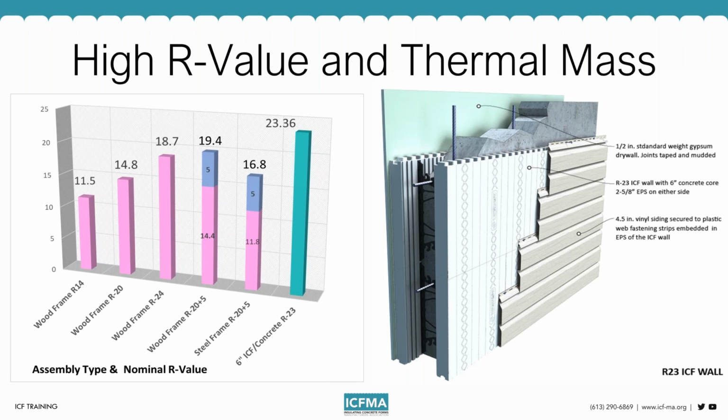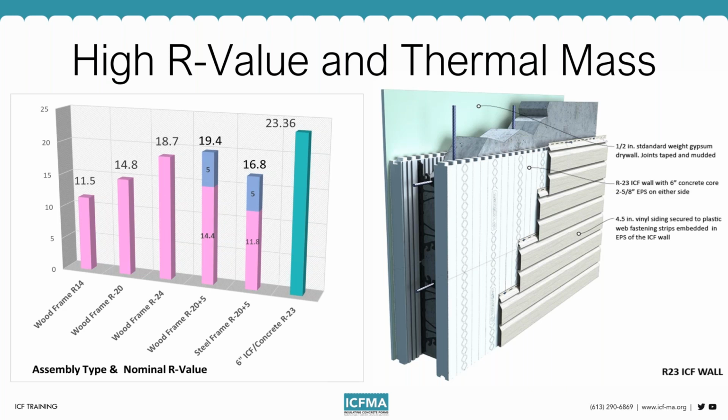We compared everything from a 2x4 construction with R14 insulation to 2x6 wood frame construction with R20 bat insulation, and also R5 continuous insulation on the outside. And we also did the same with a steel frame construction. What we looked at was basically how that wall performed in comparison to these other types of systems.